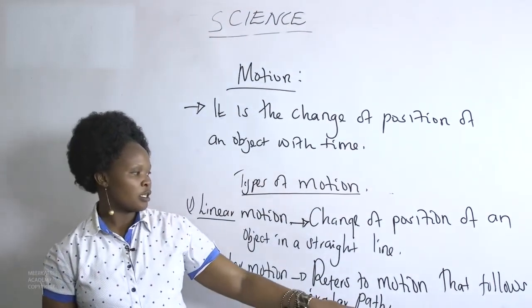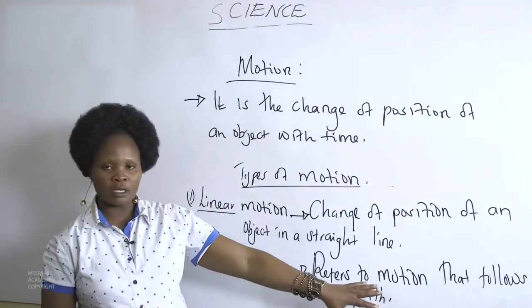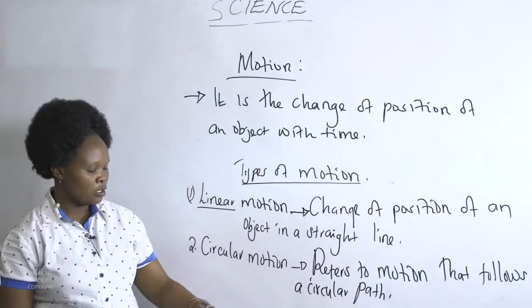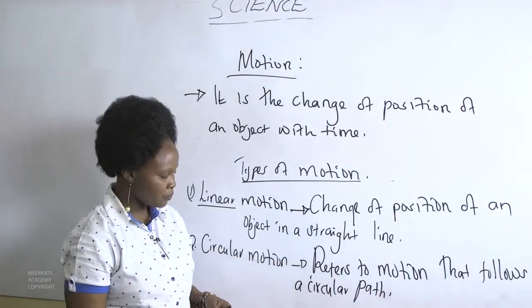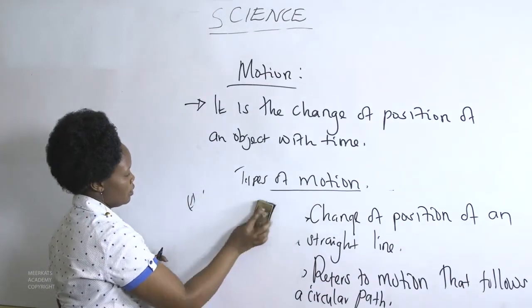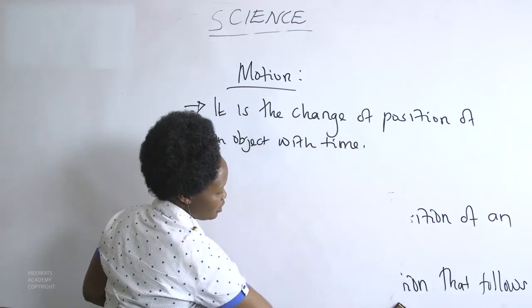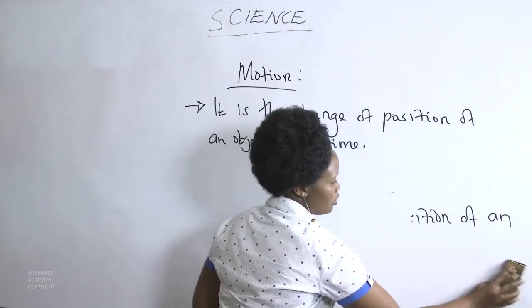Say when you sit on a merry-go-round, the motion you are going to describe is what we call circular motion.